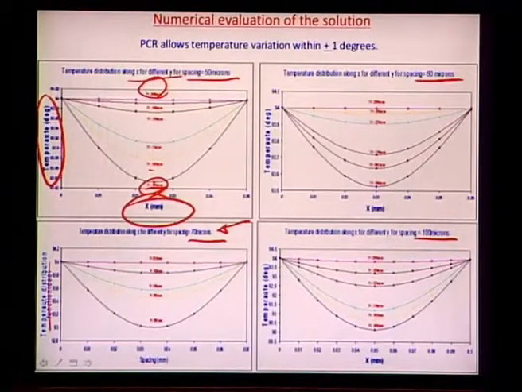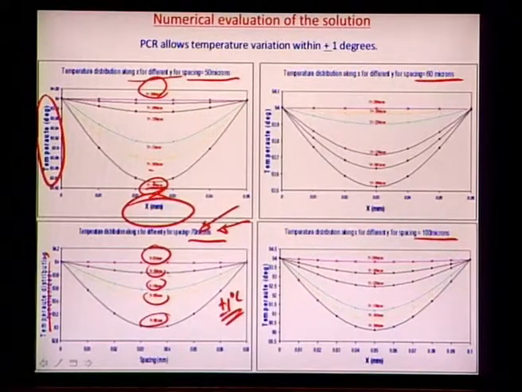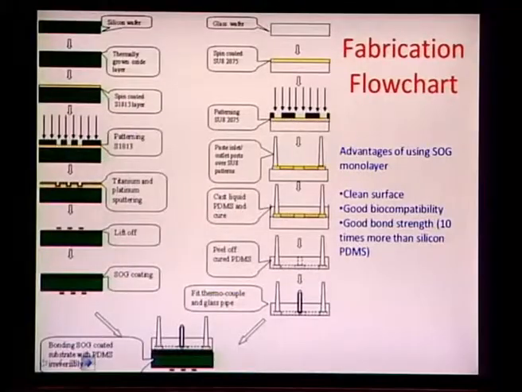So, this here, as you see, is varying from 94 to 93, which is kind of plus minus 1 degrees control. Therefore, in this kind of a situation, you can easily say that for a 70 microns heater spacing, we can have a uniform temperature distribution of plus minus 1 degrees Celsius.